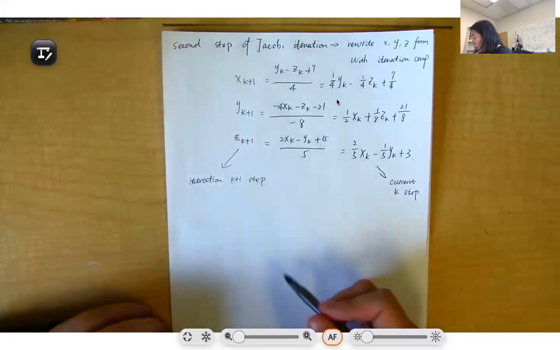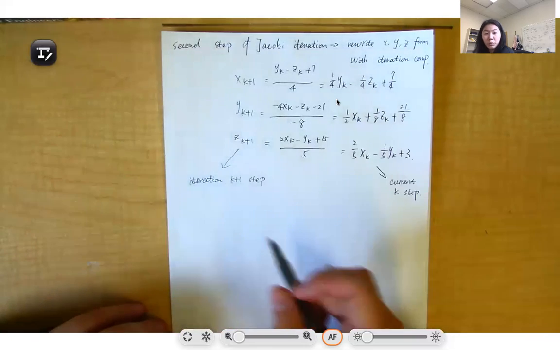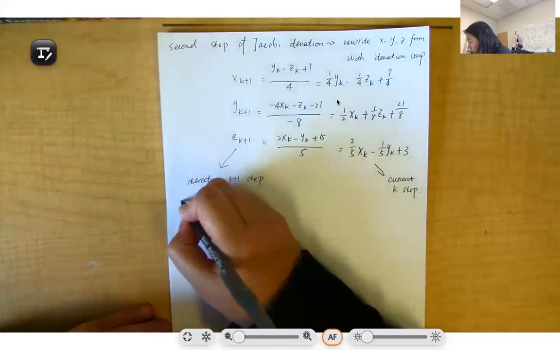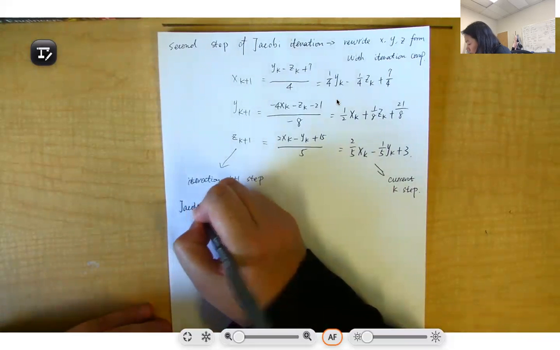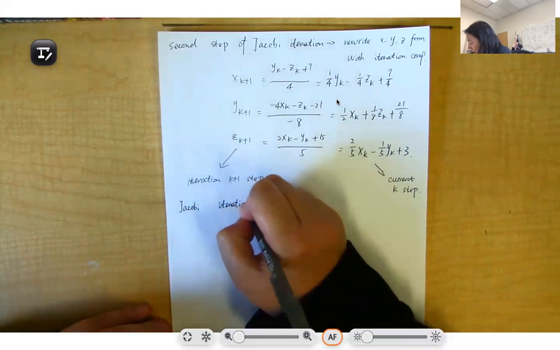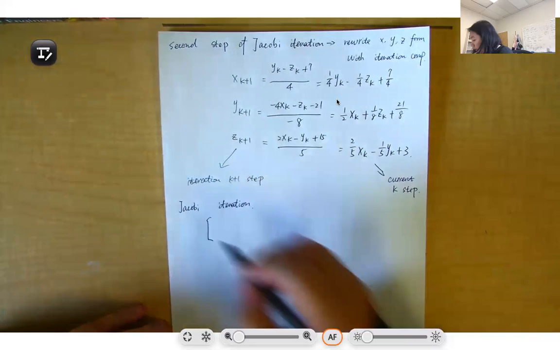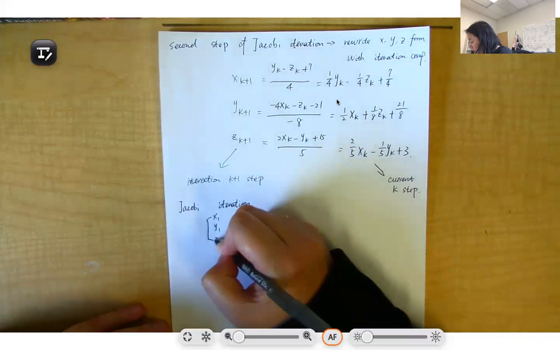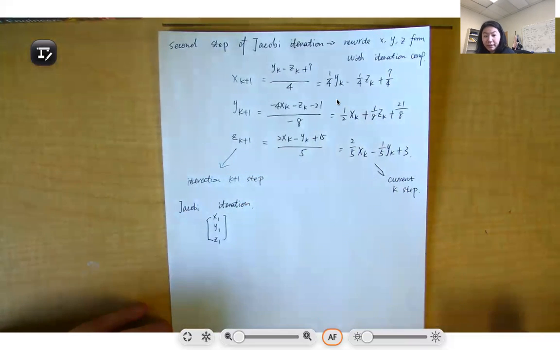Then what we are trying to do for the Jacobi iteration is that the Jacobi iteration will look like this. You give an initial guess, which is x1, y1, z1. So that is your initial guess.